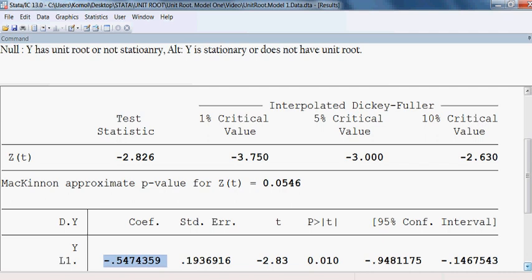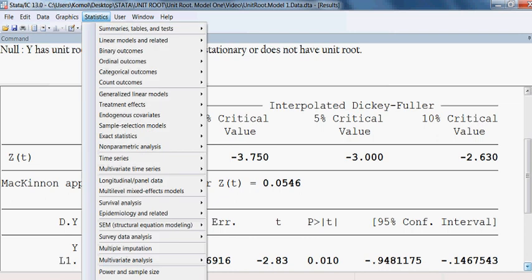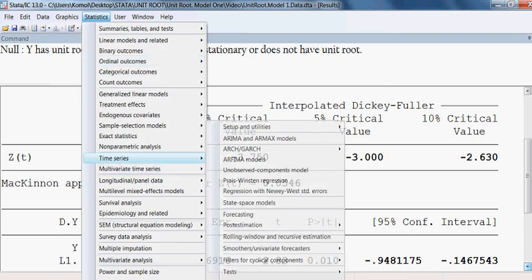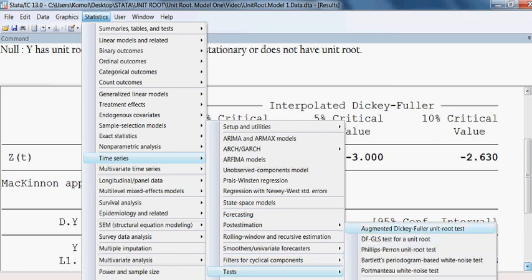Okay, now we check our second model of the Dickey-Fuller test, having trend and intercept. So I go to statistics as before, then time series and test, and augmented Dickey-Fuller unit root test as before, right? Then I click on it.